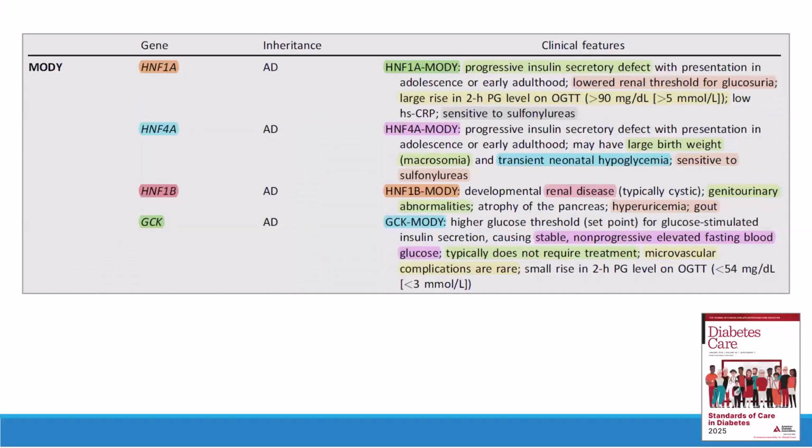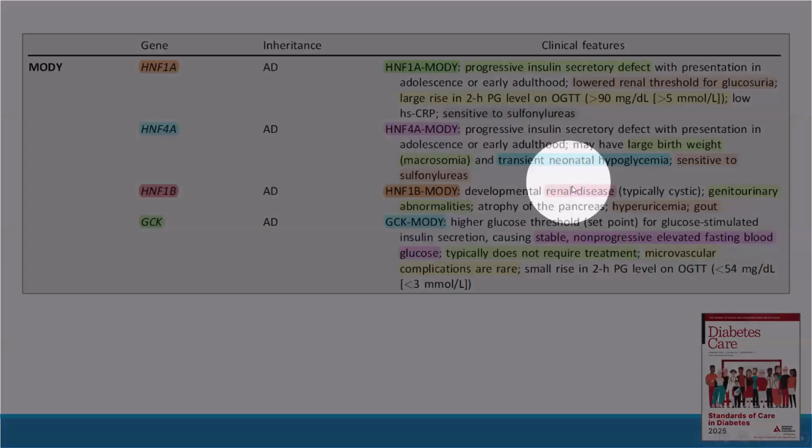And this is actually the same table from the American Diabetes Association 2025 guideline, and as I mentioned, there are different forms of MODY, and don't forget that all of them are autosomal dominant. And don't forget renal cyst, HNF1 beta. HNF4 alpha: macrosomic baby, neonatal hypoglycemia, and sensitive to sulfonylurea.